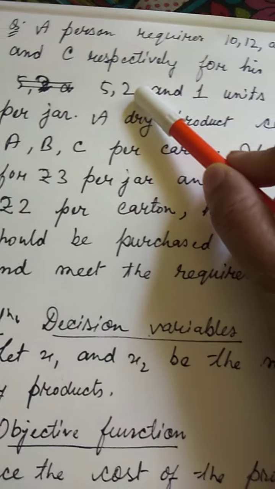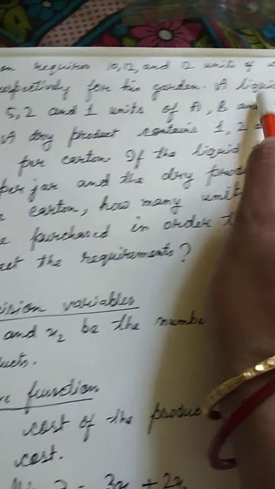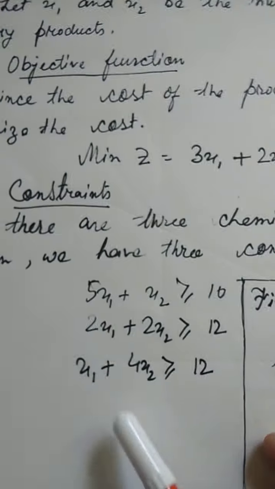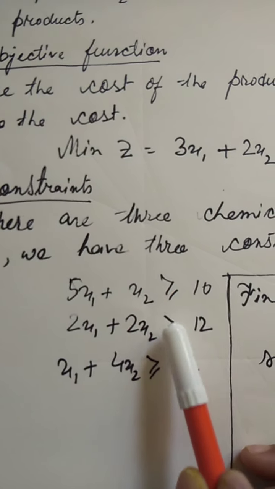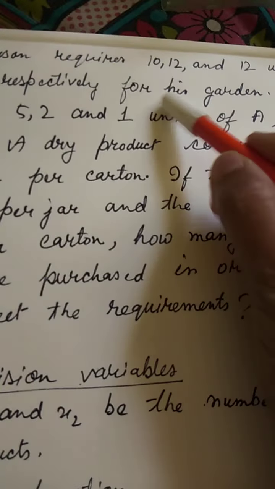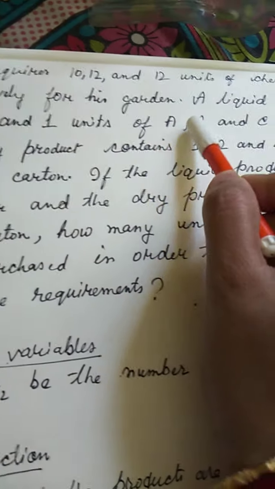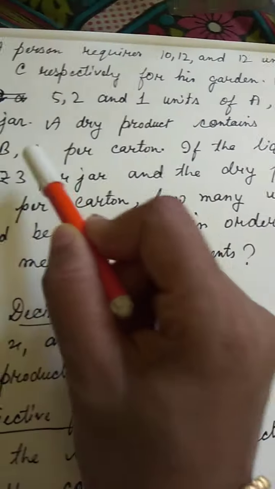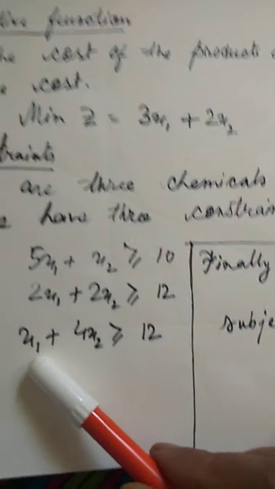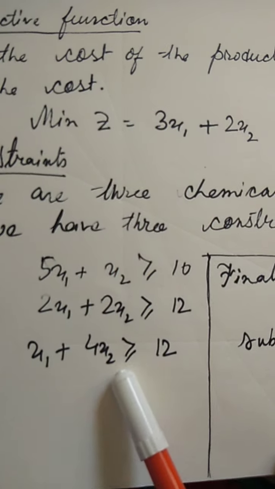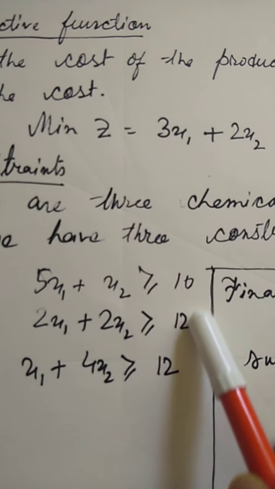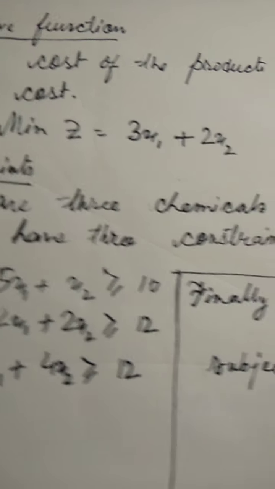It is given 2 units for the liquid product and 2 units for the dry product. So, we will write 2x1 plus 2x2 greater than or equal to 12. Similarly, for the third one, it is mentioned 1 unit and 4 units for C. So, we will again take 1x1 plus 4x2, that has to be greater than or equal to 12. That comes from the first line where our requirements were given.